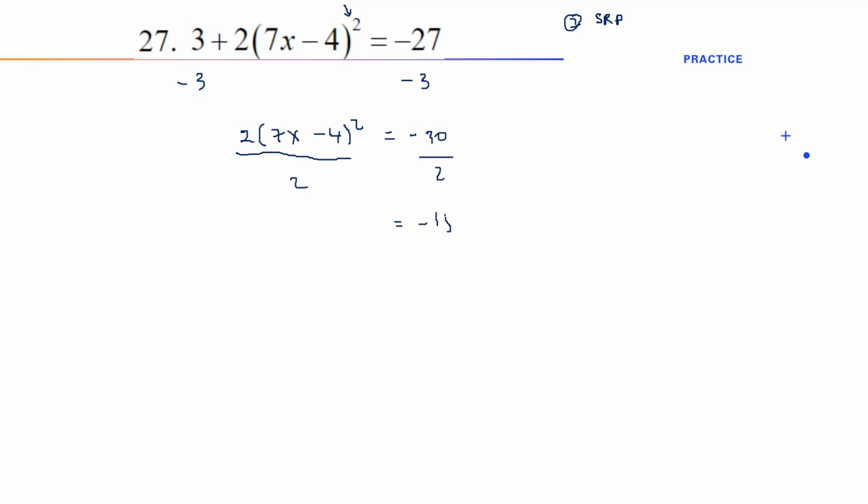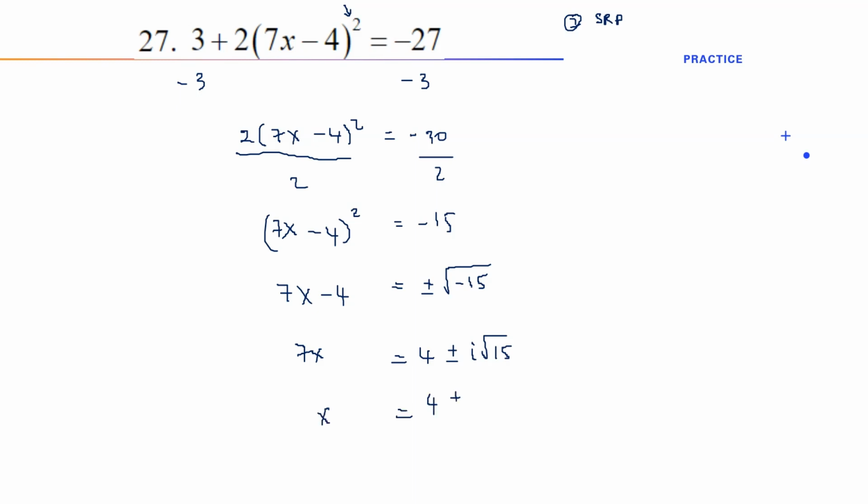You have negative 15 on this side. 7x minus 4, squared. Now take the square root of both sides. So we have 7x minus 4 equals plus or minus the square root of negative 15. Alright, now 7x equals 4 plus or minus i square root of 15. Divide both sides by 7. x equals 4 plus or minus i square root of 15, over 7.